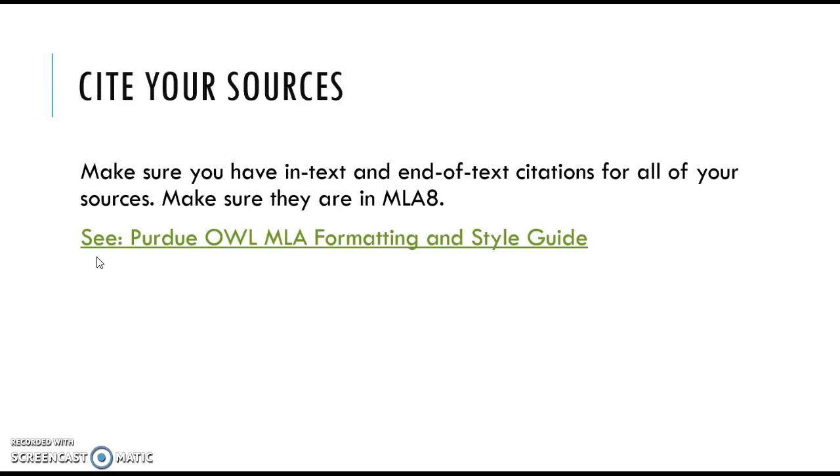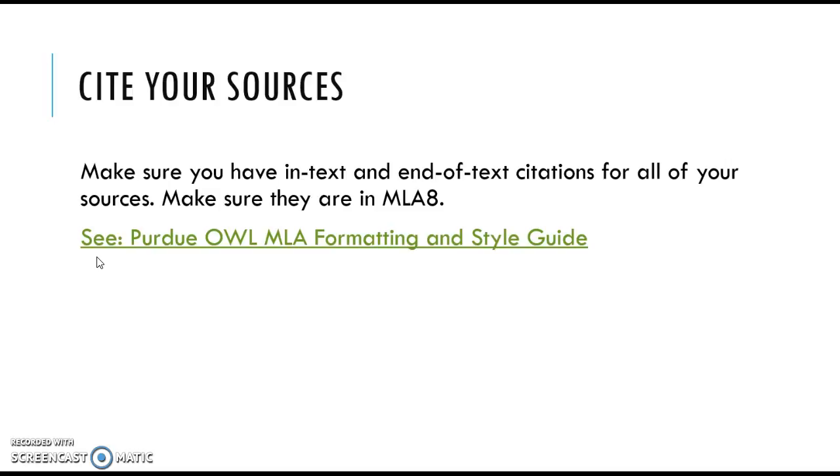So we've already talked about how to put together a works cited page when we worked on the annotated bibliography. Now I want to talk a little bit about how to handle in-text citations. Remember that you want to have citations at 2 points within the document.